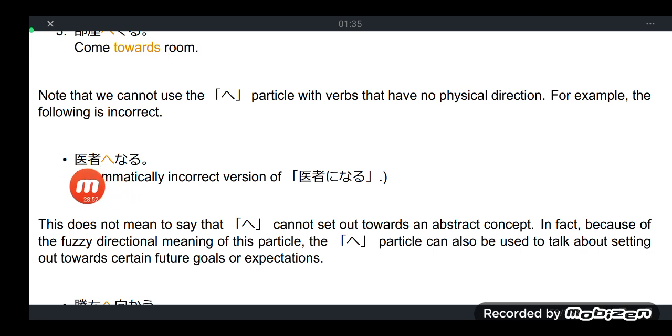Remember, in the above sentence we used the clause isha ni naru, meaning wanting to become a doctor, but please don't interchangeably replace the ni with the e. Becoming a doctor is an abstract concept, so we cannot use e here, but we can only use ni. So this is incorrect. The correct version should be isha ni naru.